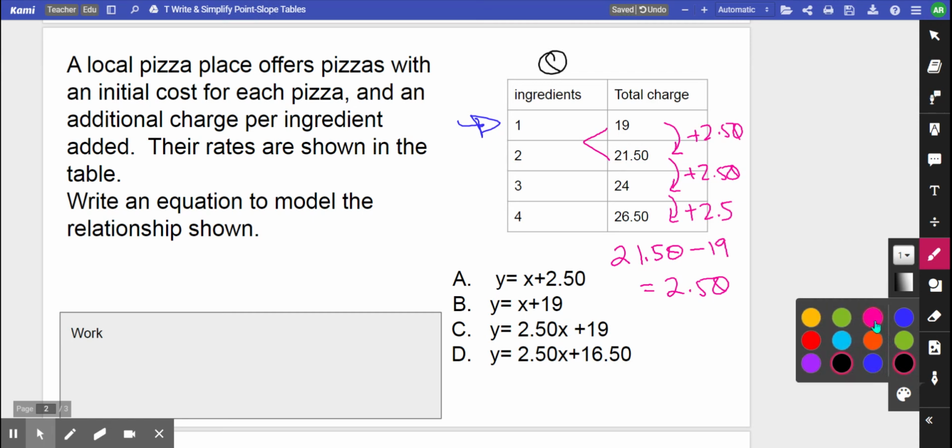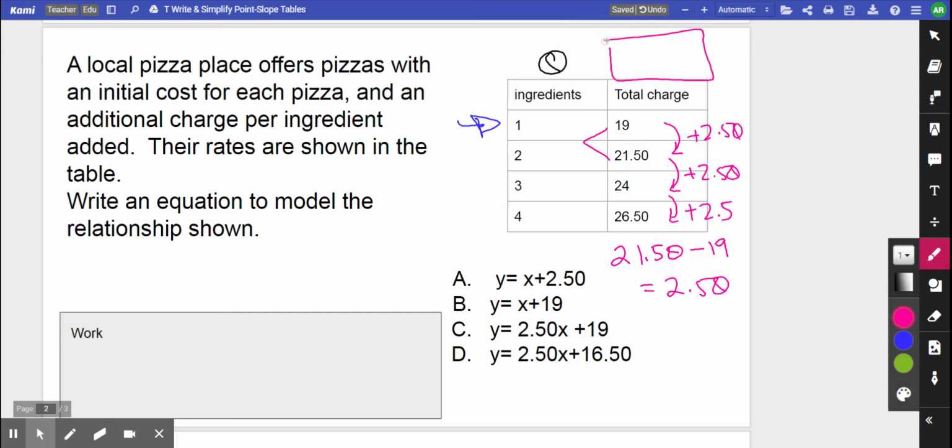So we have to figure out what number plus 2.50 gives us $19. If you don't know that off the top of your head, just like before, you can do the reverse. You can figure out what 19 minus 2.50 is, and that gives you 16.50. If you do the reverse, that'll give you that original 0 value.